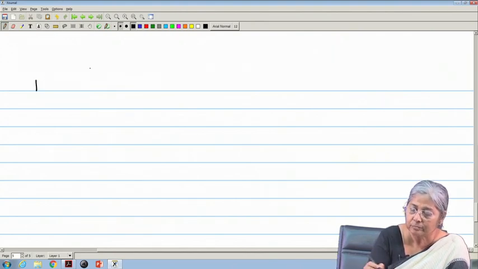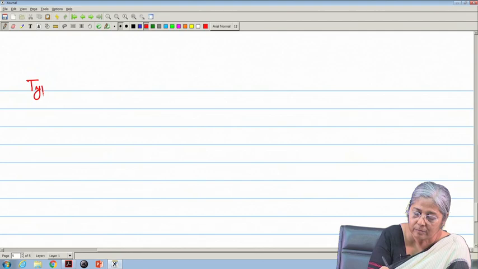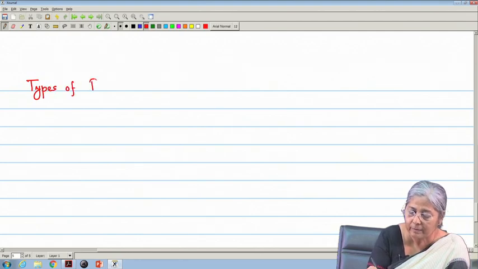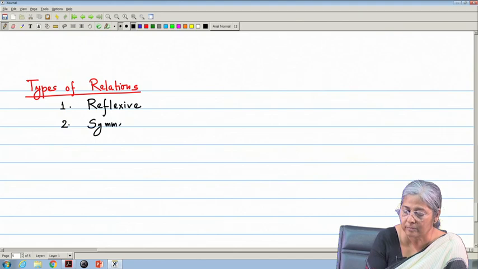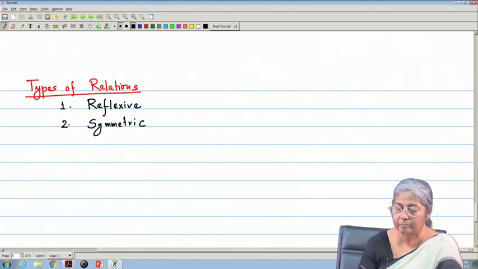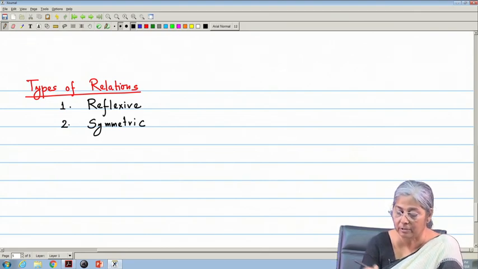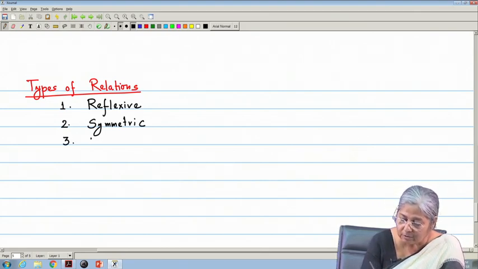The types of relation: it is reflexive, it is symmetric (and in this context we will also read not symmetric or antisymmetric), and one is called the transitive relation.